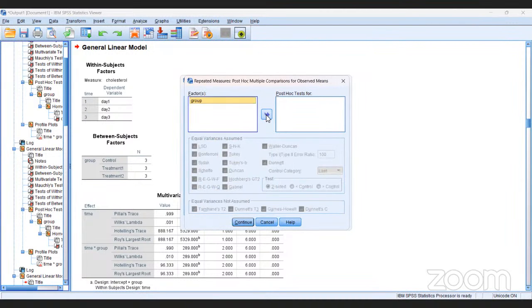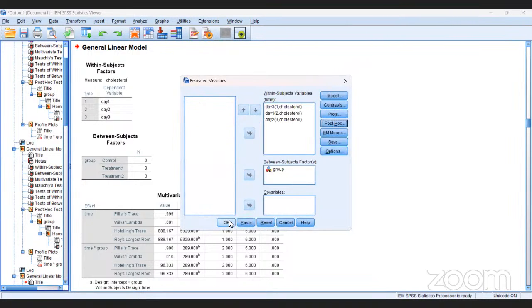The group. After that, you can click the Duncan test or Tukey test. Many tests are there. You can click. After that, okay.